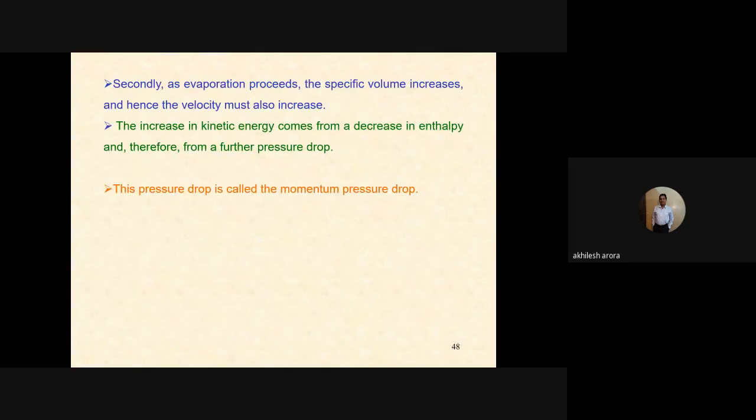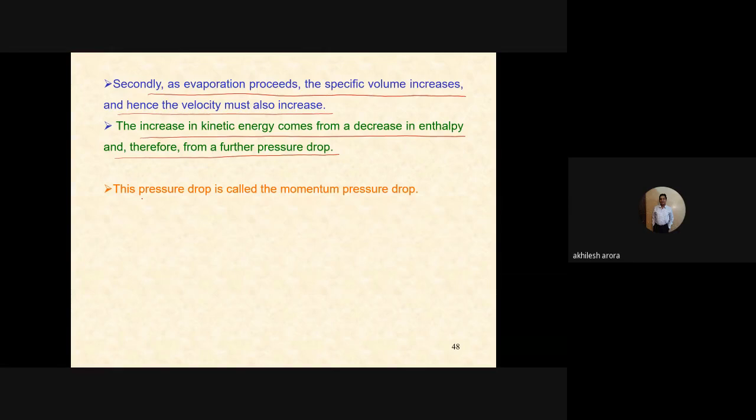Now, secondly, as the evaporation proceeds, the specific volume increases. Hence, the velocity must also increase. The increase in kinetic energy comes from the decrease in enthalpy, and therefore further pressure drop should occur. This is called momentum pressure drop.